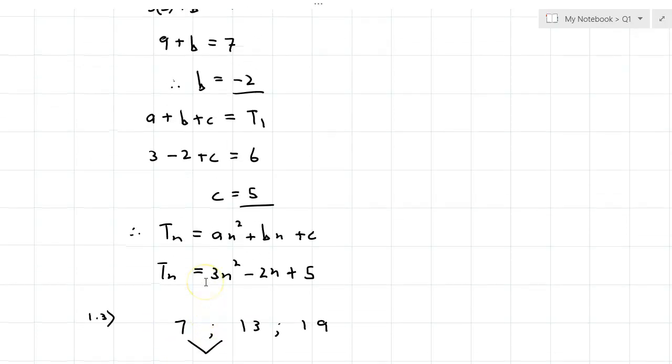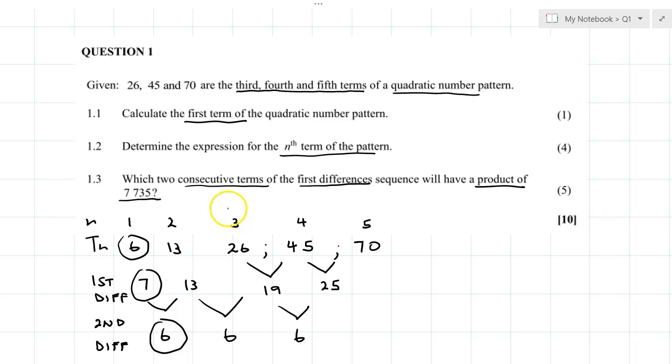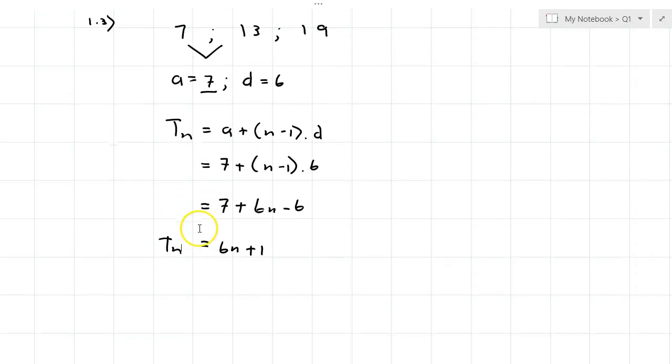Now, what does the question say? It clearly says that two consecutive terms of the first differences of the sequence will have a product of 7,735. So therefore, now we just need Tn plus 1.